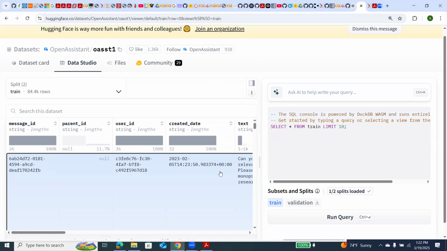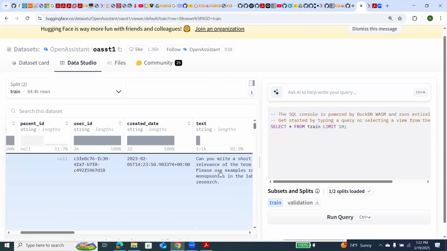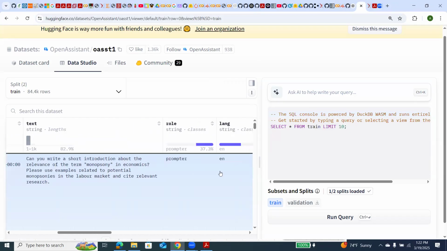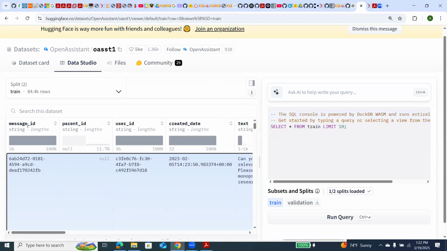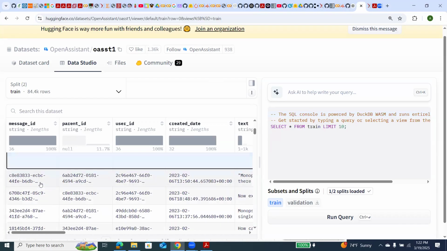So, for example, they have different messages. Messages have parent ID, user ID. So user ID is the answer continuation of the dialogue with parent ID.